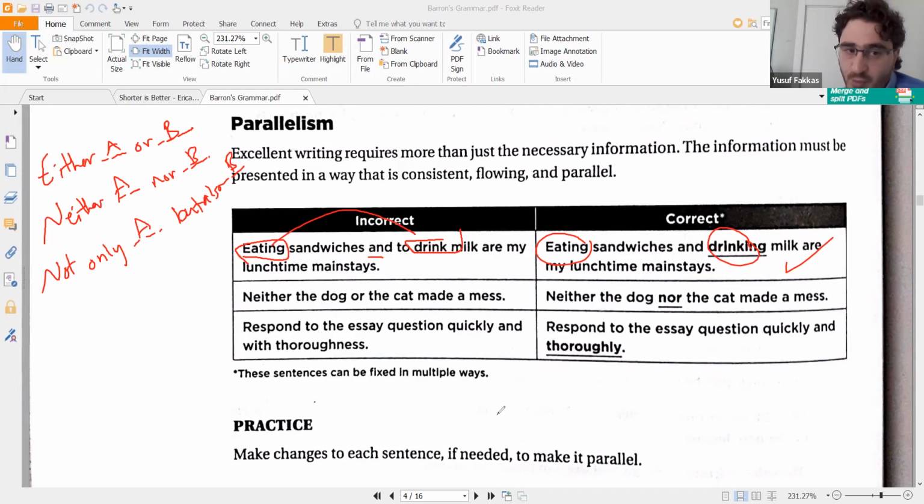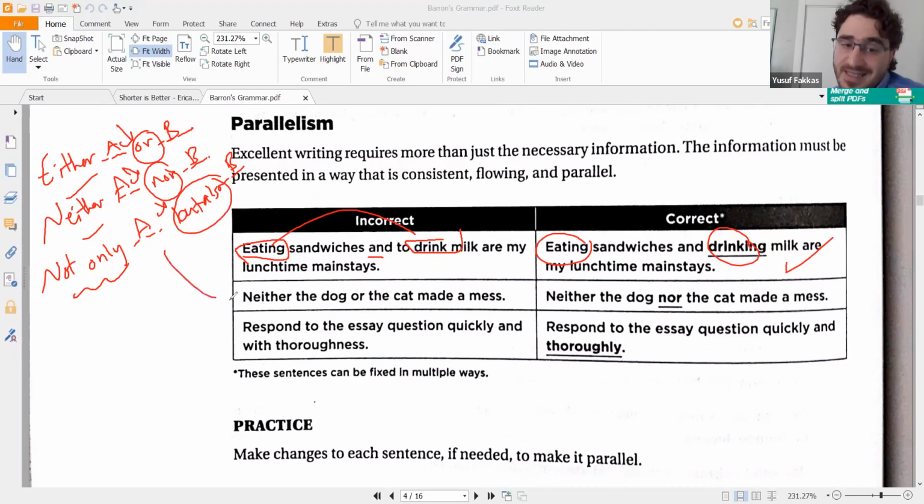I'm going to add it to my whiteboard. When you have two subjects and the sentence starts with either, then we connect the two subjects with or. If we have neither, we connect them with nor. If we start with not only, we must have but also.